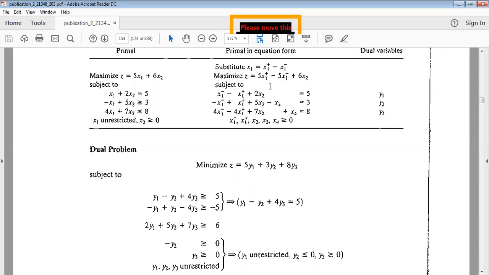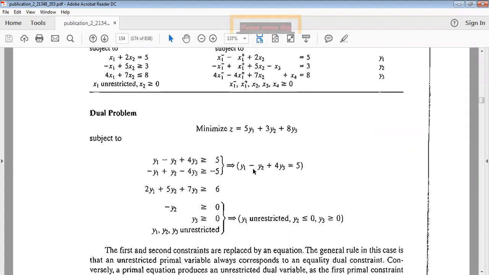So, next comes to this is 2y1 plus 5y2 plus 7y3 greater than 6. So you need not go for this directly, you can go for the particular thing. So implies y1 plus y2 plus 4y3 is equal to 5.